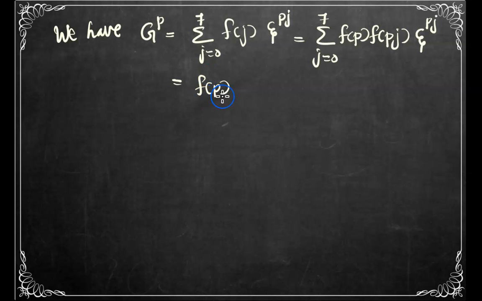Since this function is independent of the variable j, we can take f of p outside the summation. Summation j varying from 0 to 7 f of pj into theta raised to pj.